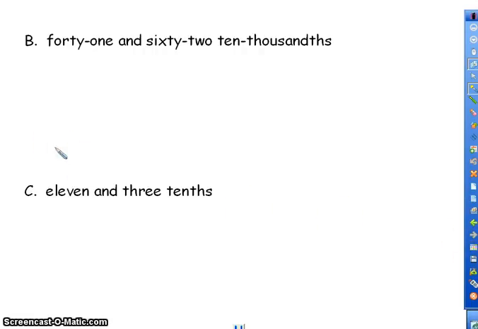So 41 and 62 ten-thousandths. So it's being broken up here. Here's my and, so I put my decimal point there. 41, and I know how to write 41, so here's my 41. And 62 ten-thousandths. So here's 62. Now ten-thousandths is what place that 2 has to be in.